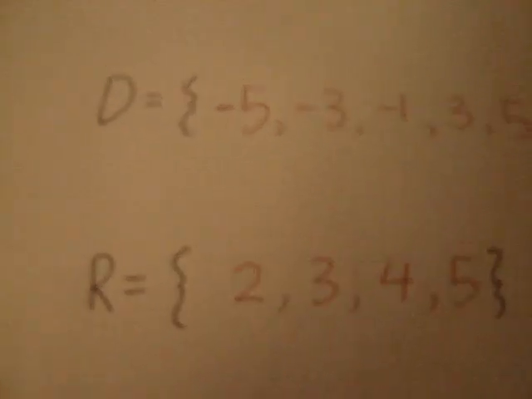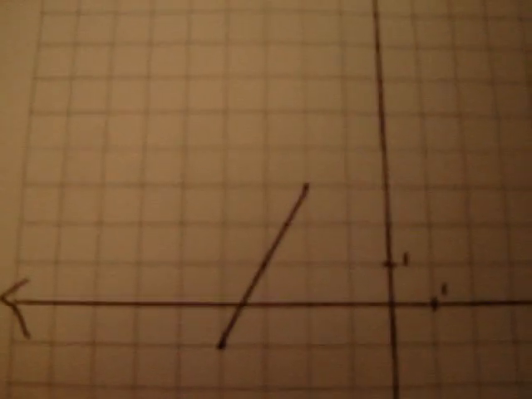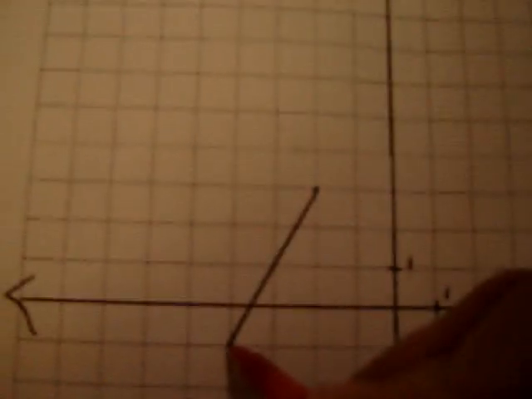Okay, so the next question is to determine the domain and range of this function. Well, unlike the previous one, this one is a continuous function, and we have to consider that. We're going to pretend that we can actually pick out each point and individually analyze each point. I'll start down here.